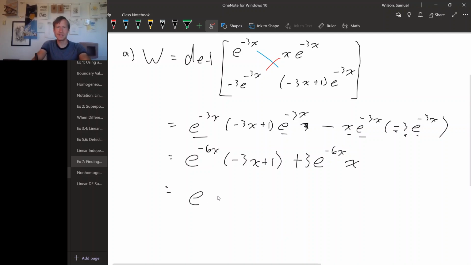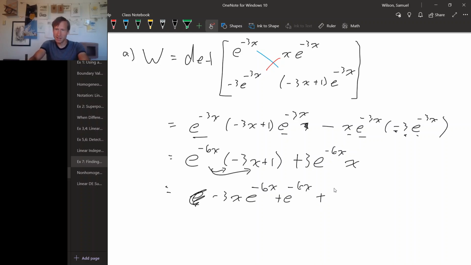So this is minus, distributing this exponential, minus 3x e to the minus 6x plus e to the minus 6x plus 3x e to the minus 6x. And these exponential times x terms all cancel, and we're just left with e to the minus 6x.